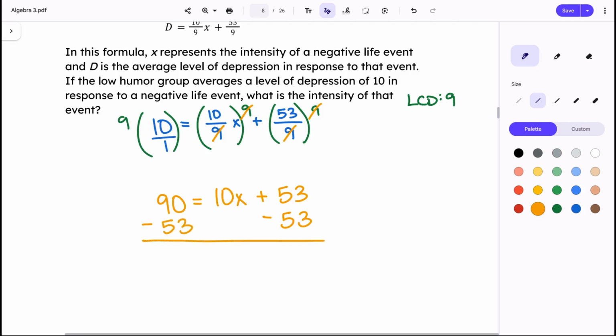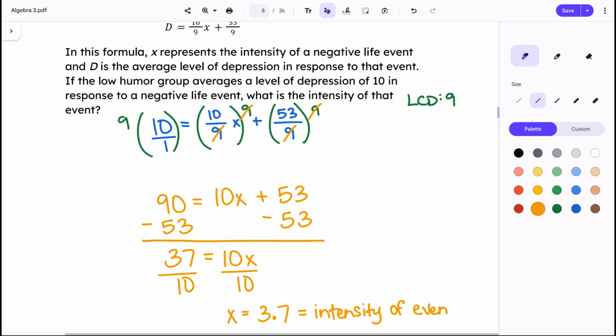So 90 minus 53 would be 37 equals 10x. If you divide by 10, what do you get? 3.7. So x is equal to 3.7. That would be the intensity of the event. Any questions on that one?